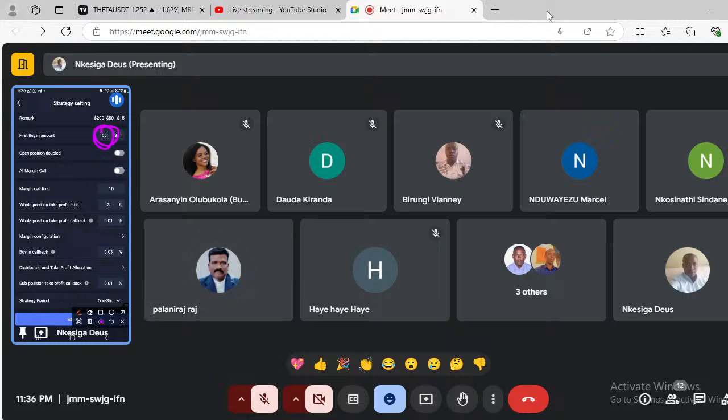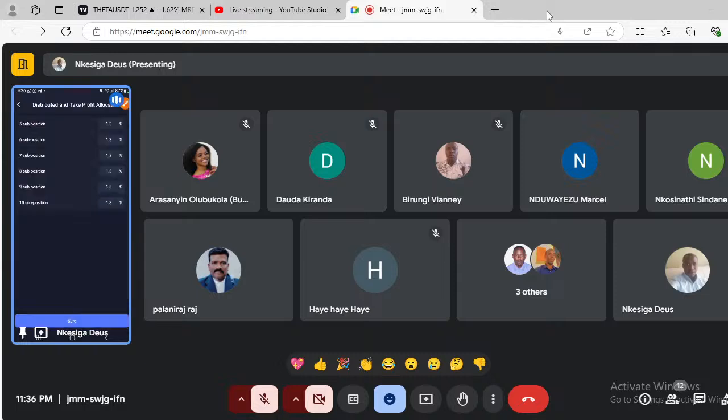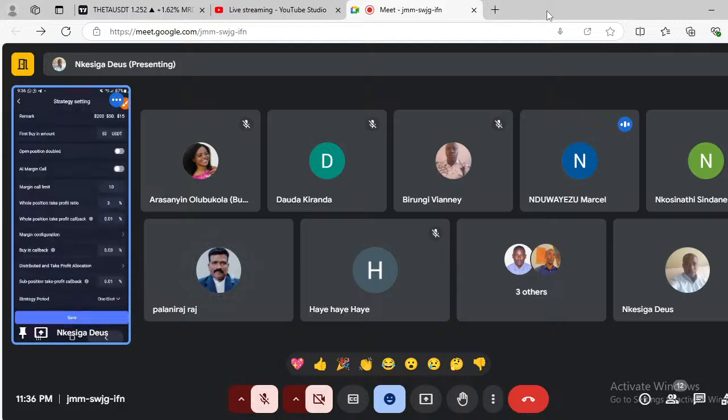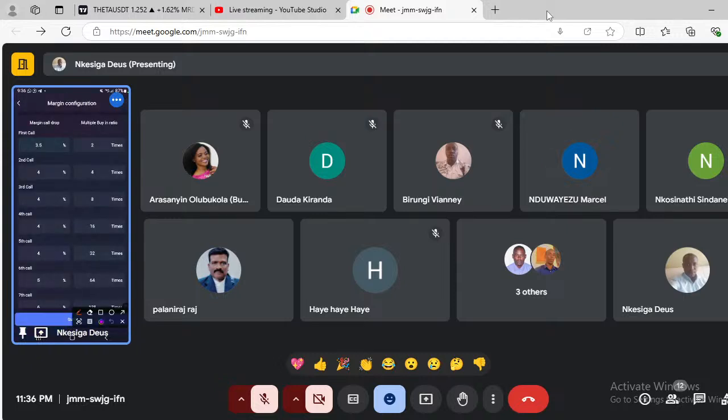Unless you want to say that after buying immediately, you will come here and put 15. There I agree with you to put 1 here. Where? At this point. If you can buy with 50, after buying immediately, you change and you put 15 on first buy. Here you can put 1. Am I clear to you?